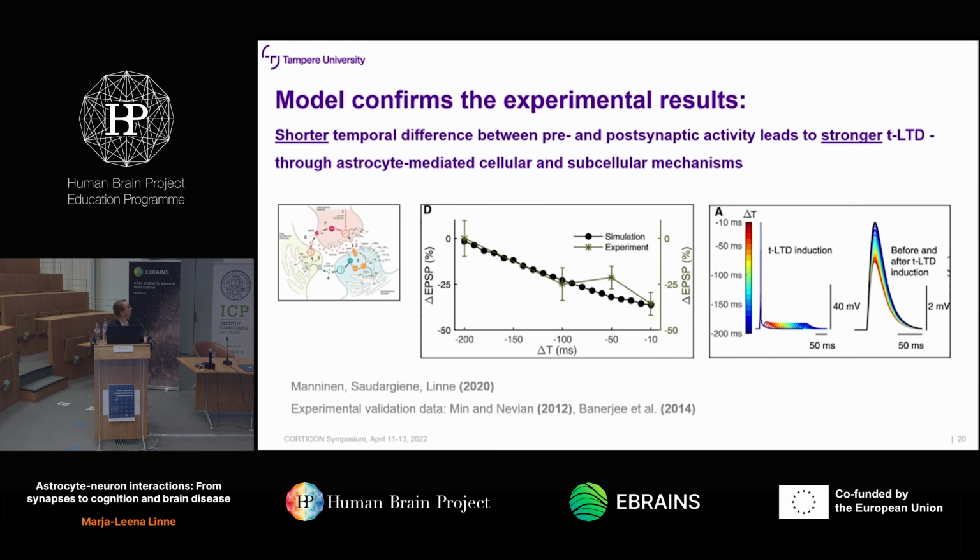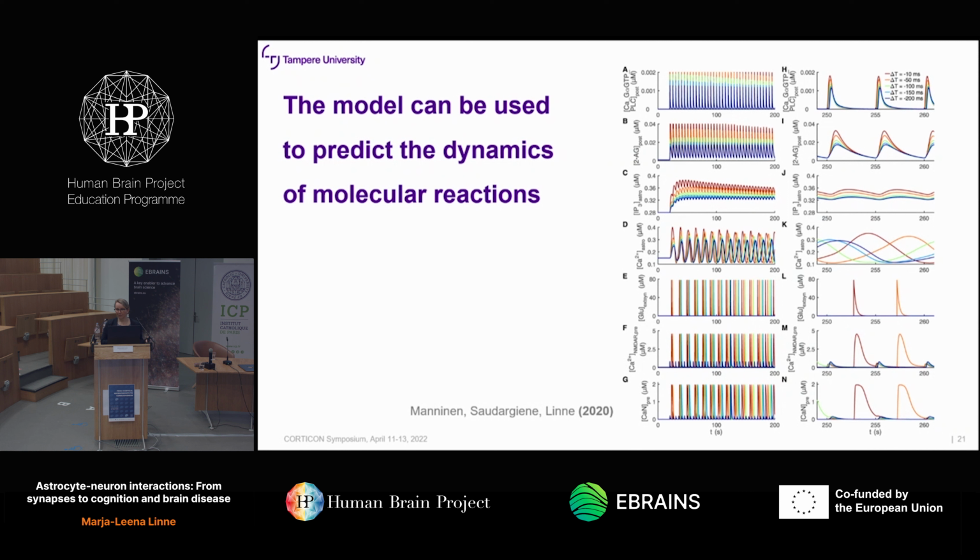What can we do with such a model? So this model is wonderful in such a sense that we can predict the dynamics of molecular reactions. So the concentrations of all those variables and molecular elements that are responsible for this phenomenon. And this cannot be done simultaneously in any of the experiments.